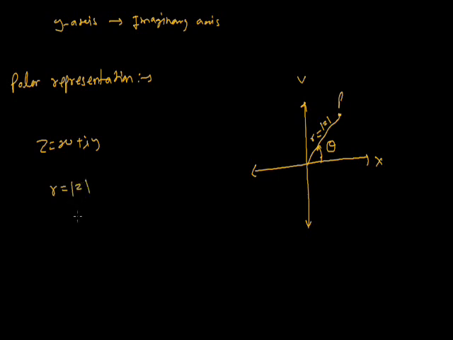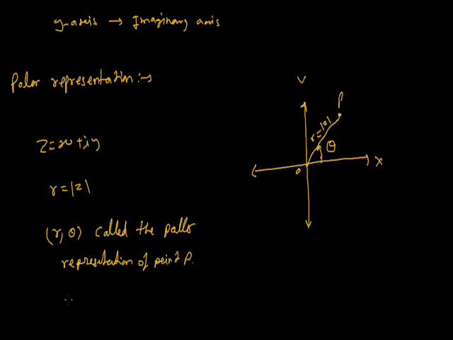Here OP makes an angle theta with the positive direction of the x-axis. This is point O. So OP makes an angle theta with the positive direction of the x-axis. So we can say r comma theta is called the polar representation of point P.